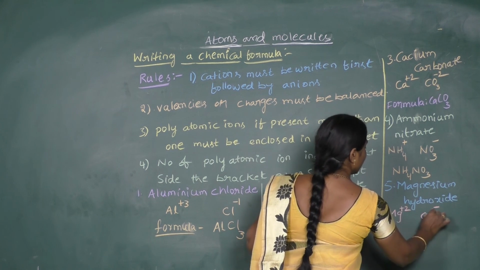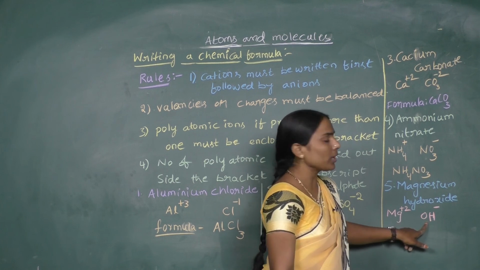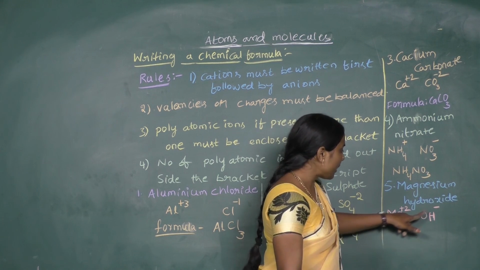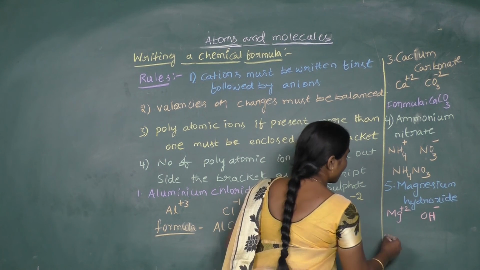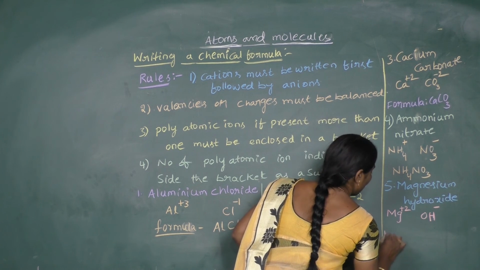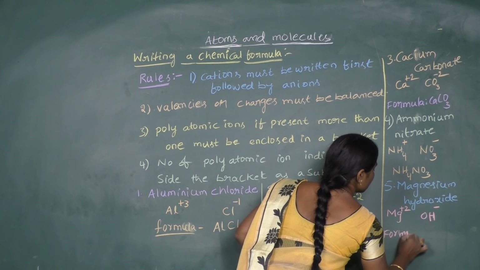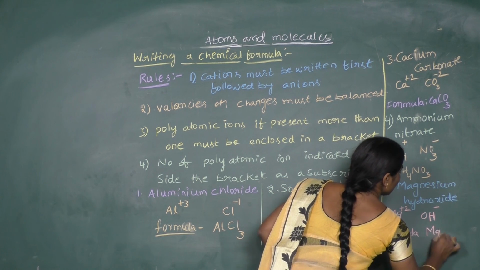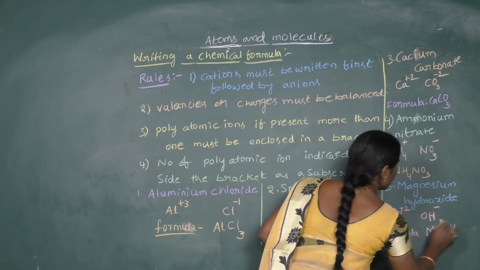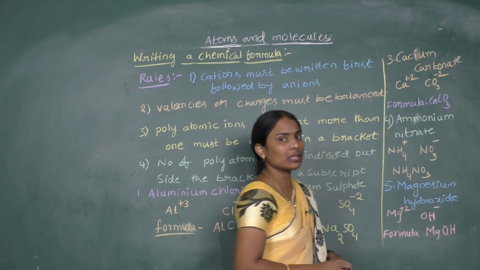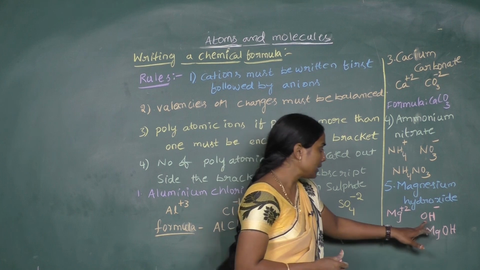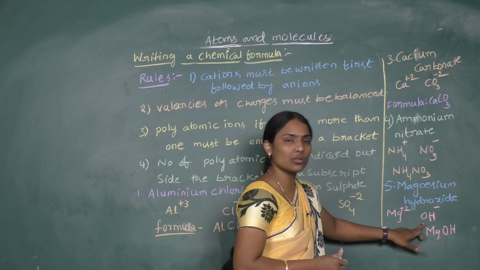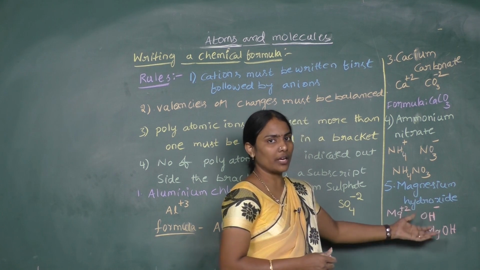This is a polyatomic ion. While writing the formula, I need to balance the charges. The formula I can write here is MgOH, but I need two ions of OH, and OH is a polyatomic ion because there are two atoms: one atom is oxygen and one is hydrogen.